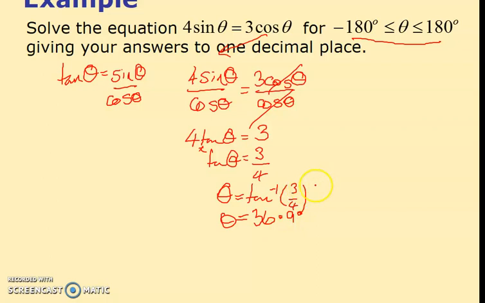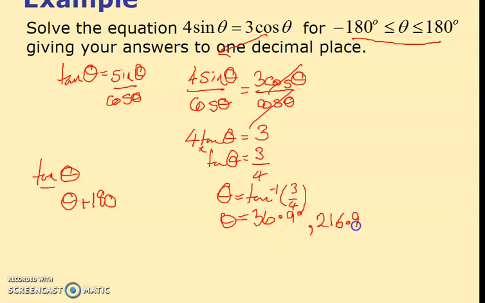That's my principal solution, but I need the other solutions as well. Now, you may recall that I said for tan, once you get your theta, your next rule, you basically add 180 onto it. And the only problem here is if I add 180 onto it, 36.9 plus 180, so I'm just doing it on the calculator, it's like 216.9.